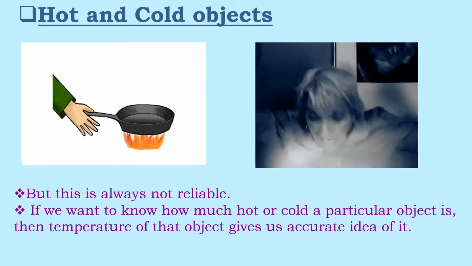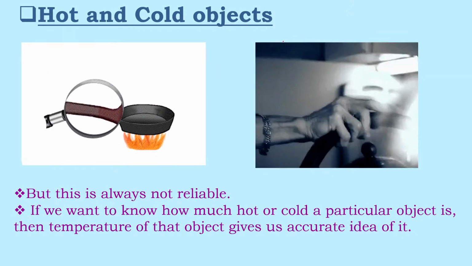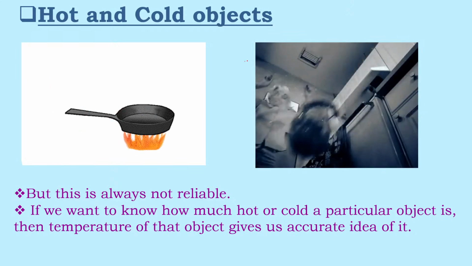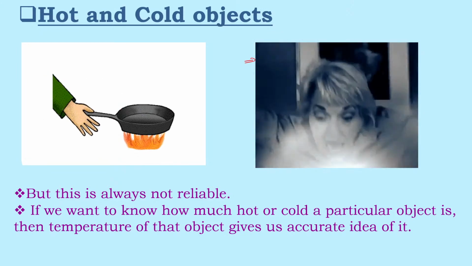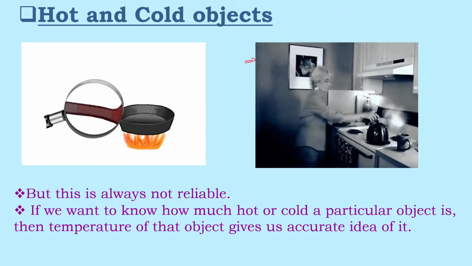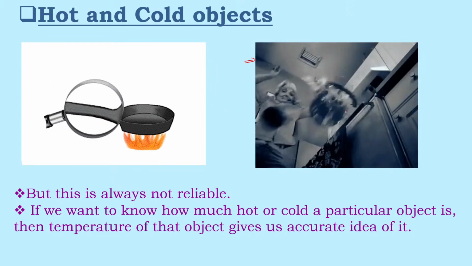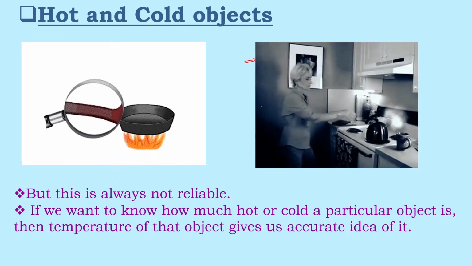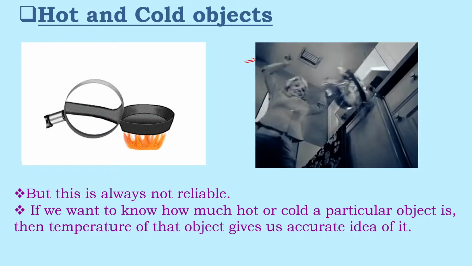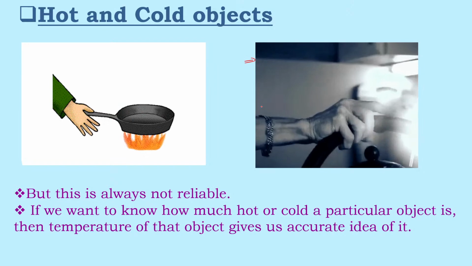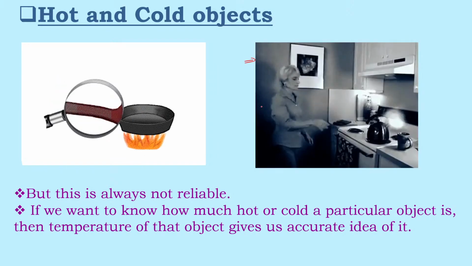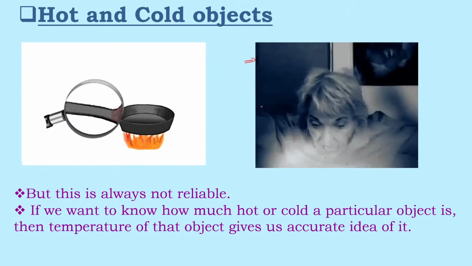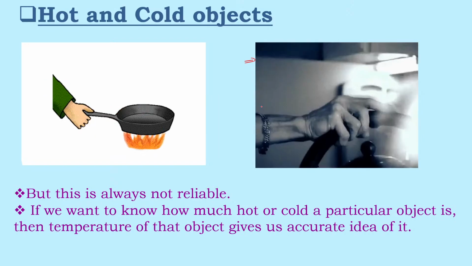What happens when we touch? Look at the animation. What is she doing? This lady is using her bare hand to hold a kettle. Observe it and tell me what happened to her. Yes, the kettle must be very, very hot. When she tried to touch it, she could not bear that much heat.